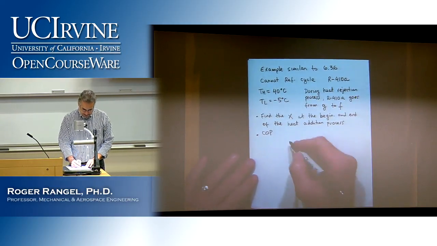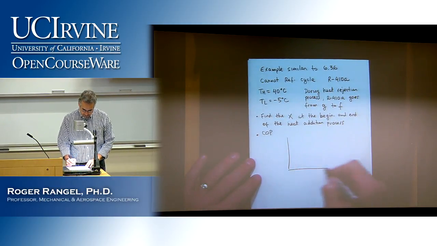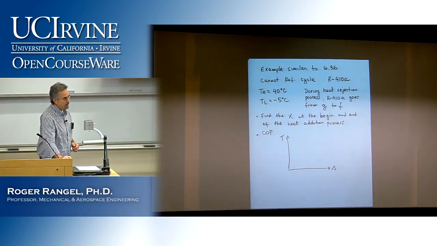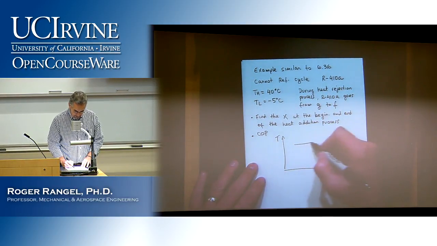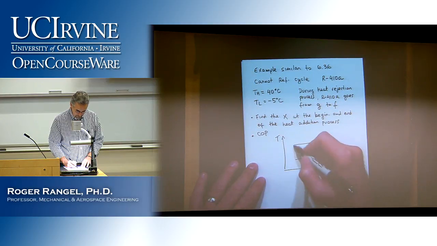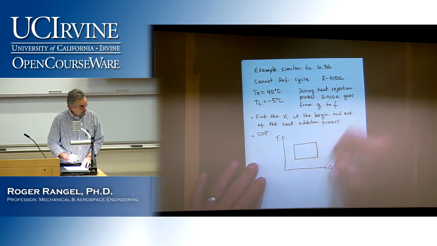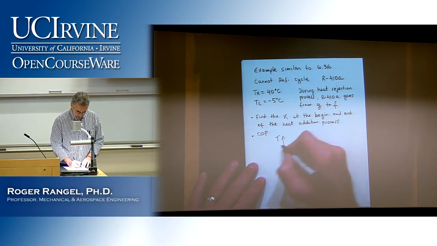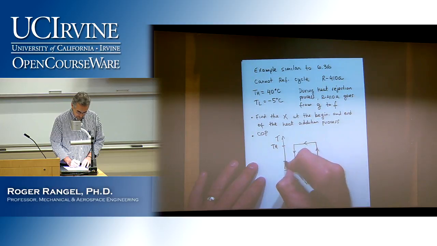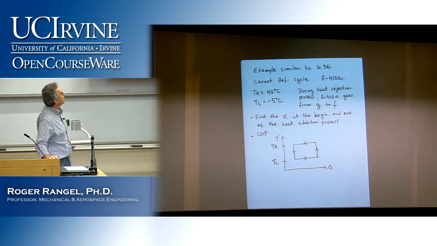So if I sketch it on a TS diagram, and let me make it lowercase, because I'm going to have to look up properties, then it has to look just like that. But it's running the other way. And here's the TH that was given, and here's the TL that was given.